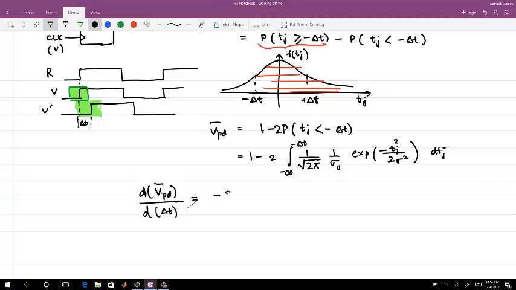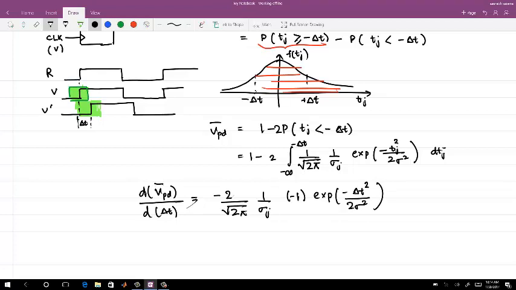This one is minus 2 by root 2 pi, 1 over sigma j, times the exponential of minus delta t square by 2 sigma square.